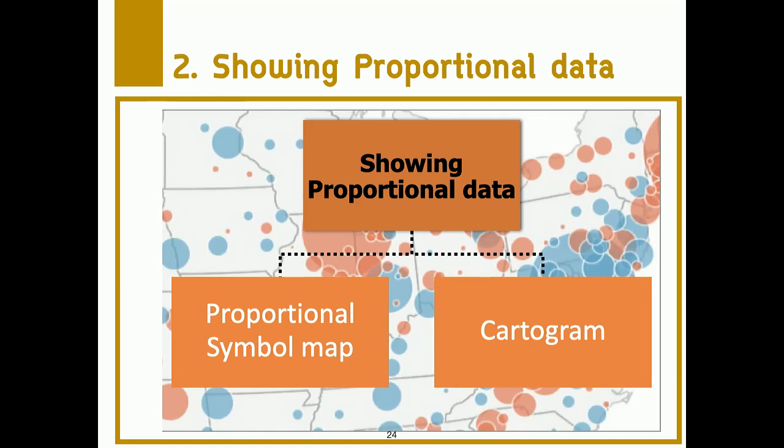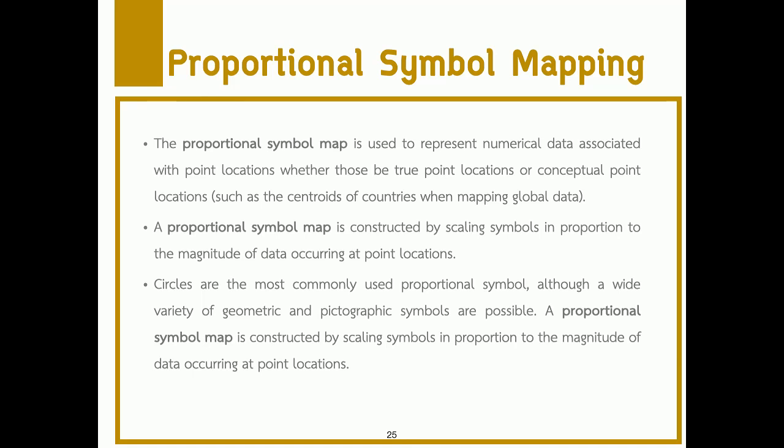And the second purpose, showing proportional data. Showing proportional data will divide into two map types. The first one is proportional symbol map, and the second one is cartogram. Okay. So proportional symbol maps represent proportions of the data. Right?